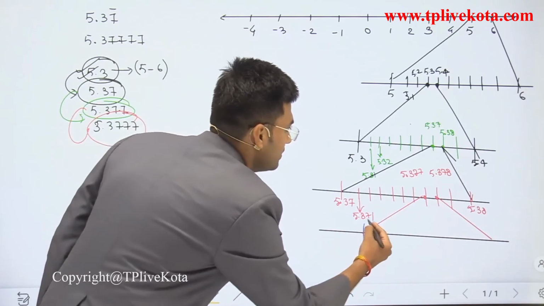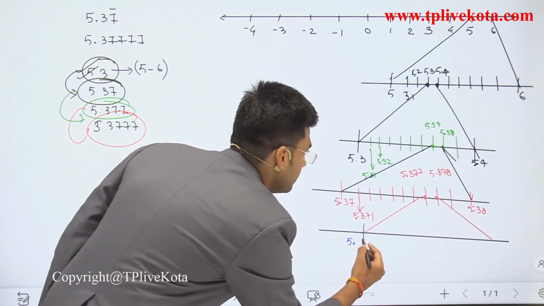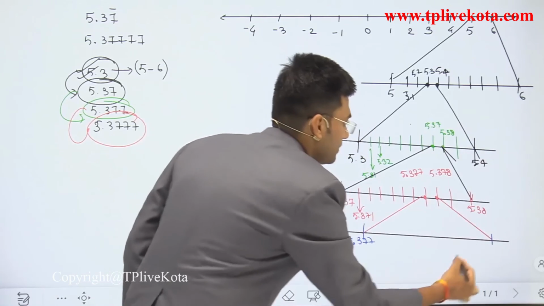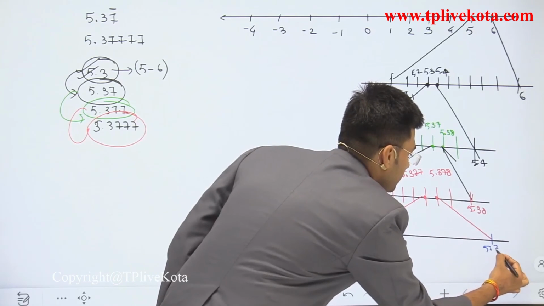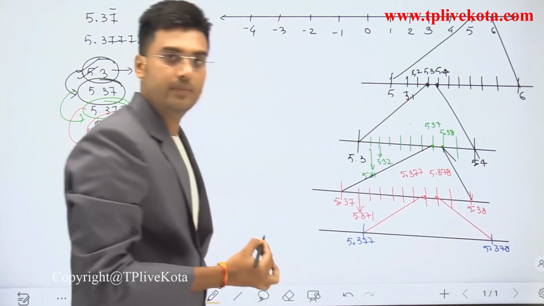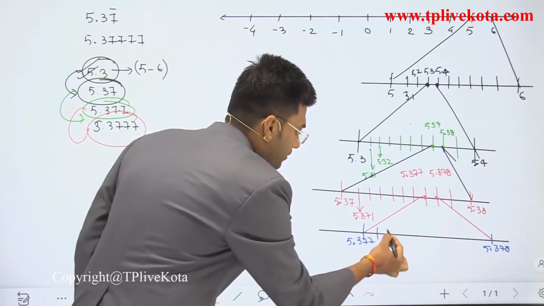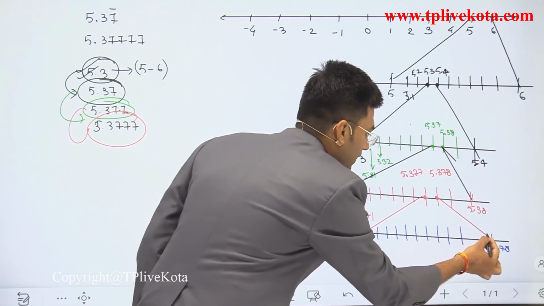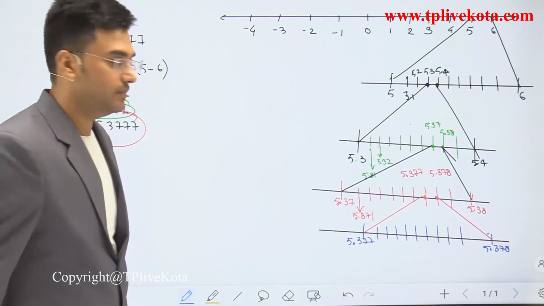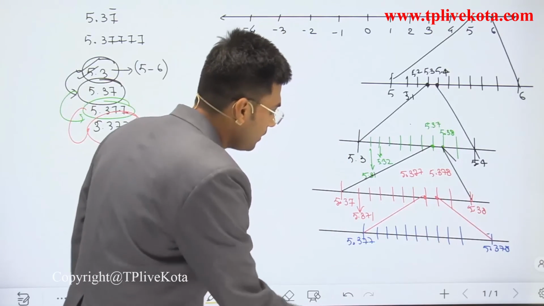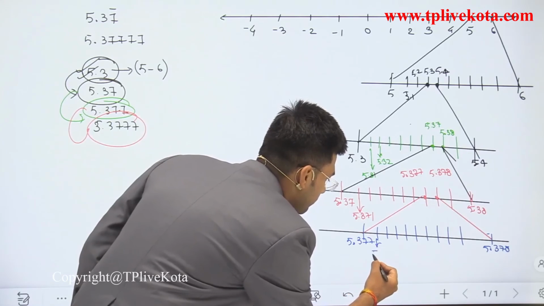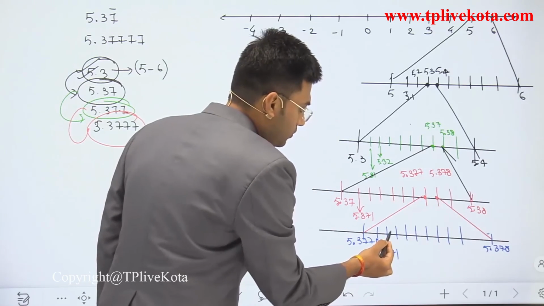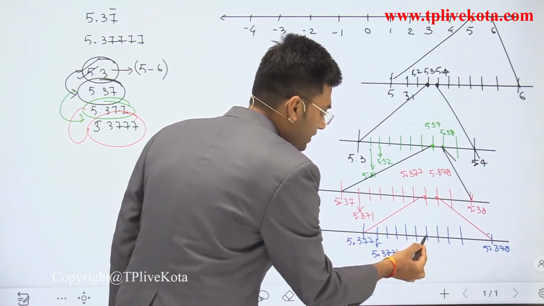Now this is 5.377 and this is 5.378. 1, 2, 3, 4, 5, 6, 7, 8, 9 and 10. Okay, these parts should be equal. It is 5.3771, 2, 3, 4, 5, 6, 7.